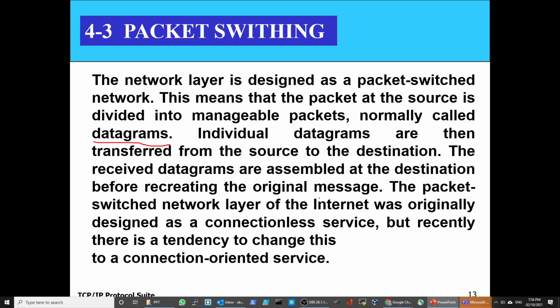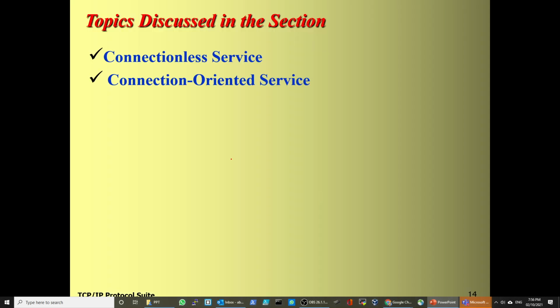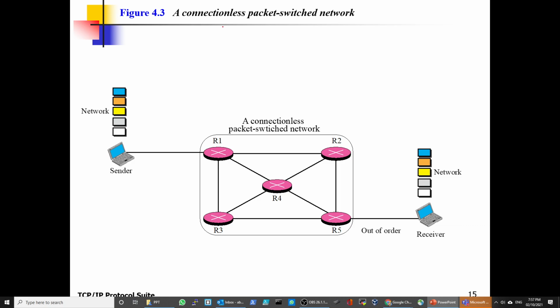And it's connectionless. I already explained to you what connectionless service and connection-oriented service are. So for example, take a connectionless packet-switched network. We divide the message into packets: 1, 2, 3, 4. Then 1 goes, 2 goes, and 3 and 4 take a different route. We did not establish a connection.